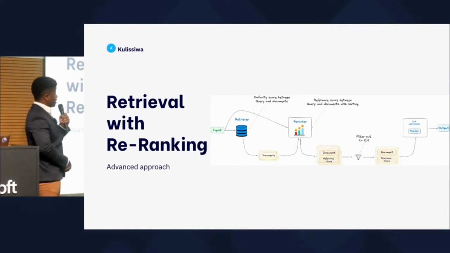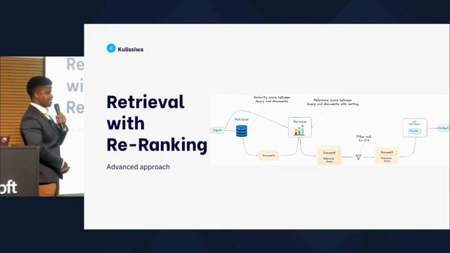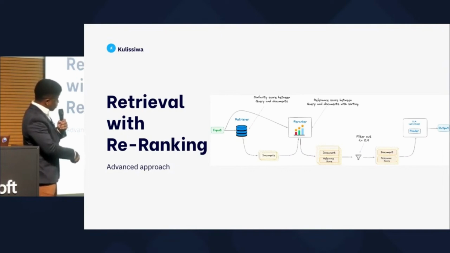I had a lot of questions myself about this because I don't use it, so I said, let me research this and understand better how it works. Here's one use case: the user query is sent to the vector database and you get your documents. Here you can increase the number of documents returned, say 10, which gives you a bigger surface area to work with. Then you pass them on to the re-ranker with the query.